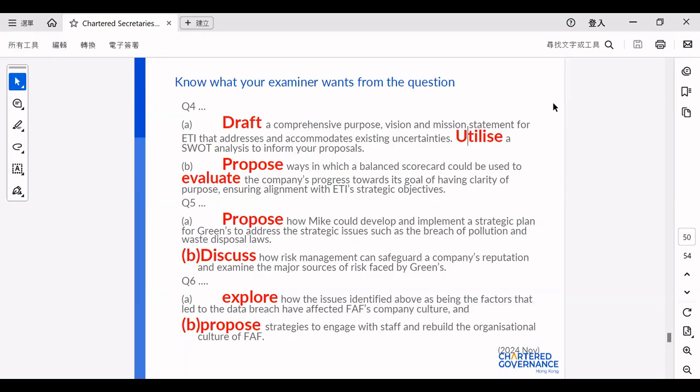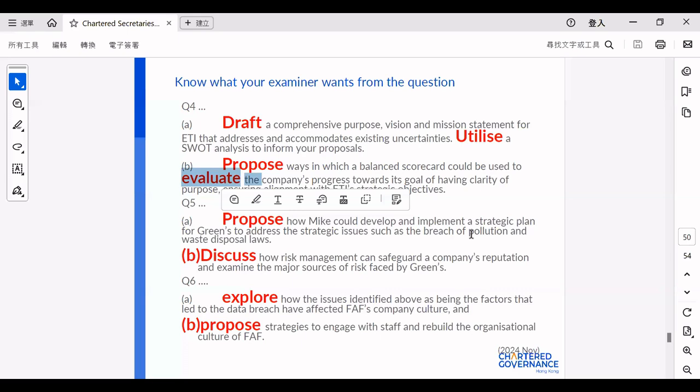Again, it says in 4B, propose how a balanced scorecard could be used to evaluate the company's progress. So again, you can see that it's more or less the same. You design a meaningful way to apply the scorecard and how it could track the strategic objective with relevant, well-chosen performance metrics.